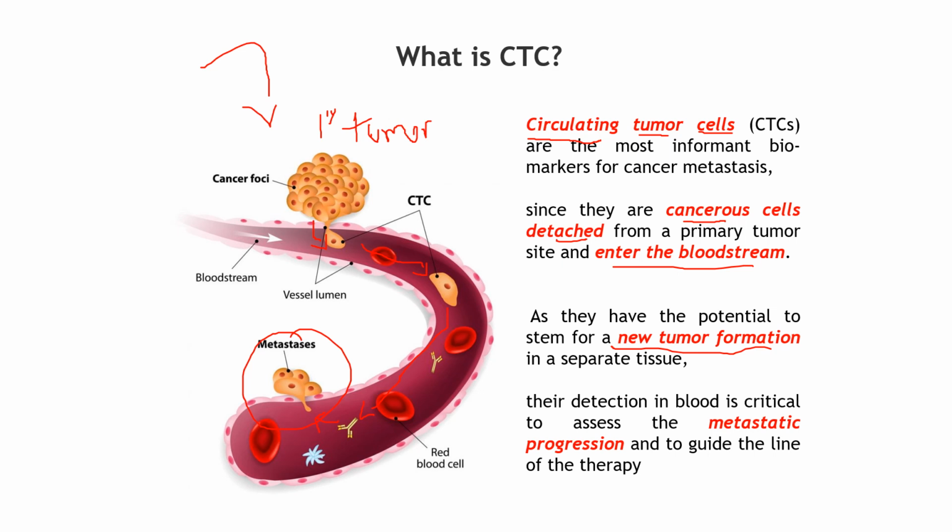Here they show it as a single cell. You can find them individually or in clusters of cells. The single-cell CTCs are more frequent, while clusters are found less frequently. However, clusters have been found to be more likely to invade other tissues.